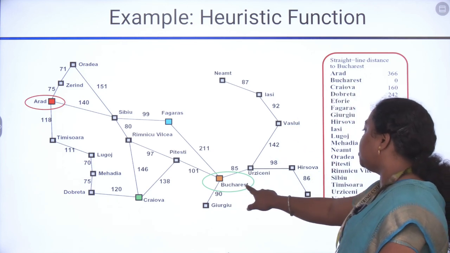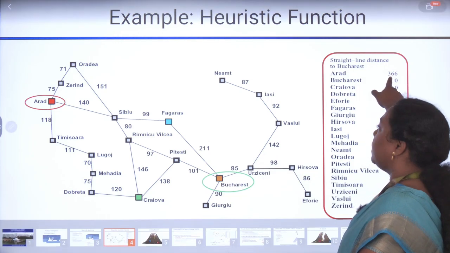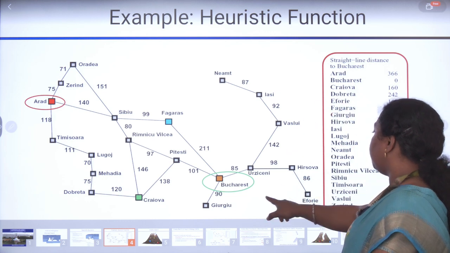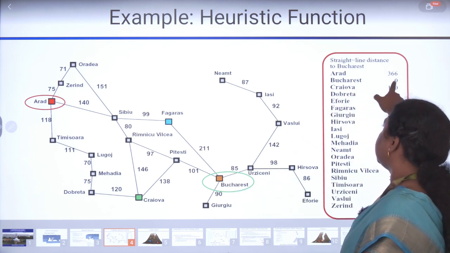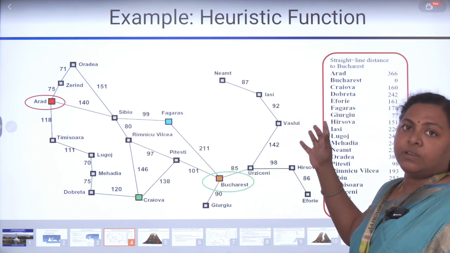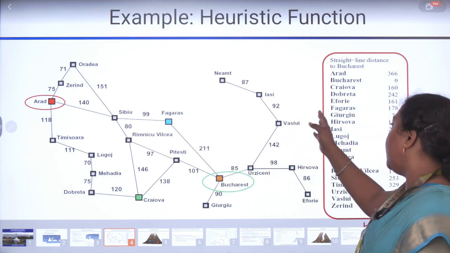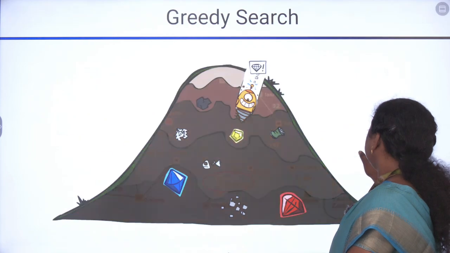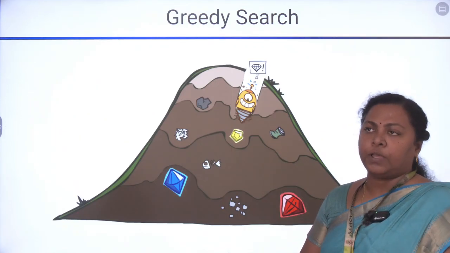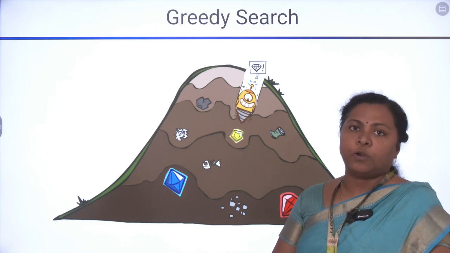From Arad to Bucharest it is 366. Bucharest to Bucharest is 0, and likewise for all other nodes it gives the heuristic value for each and every node.